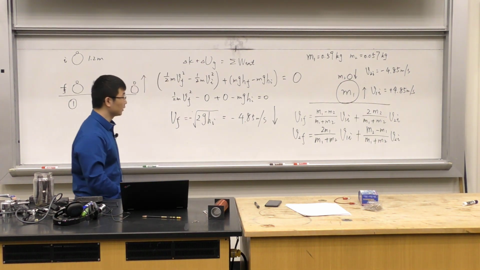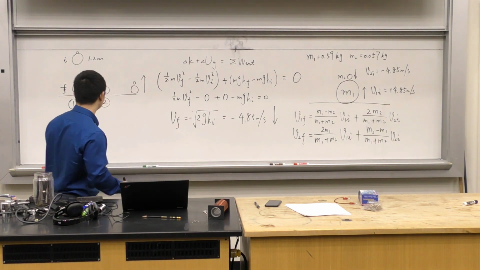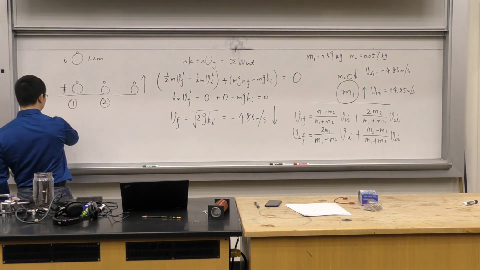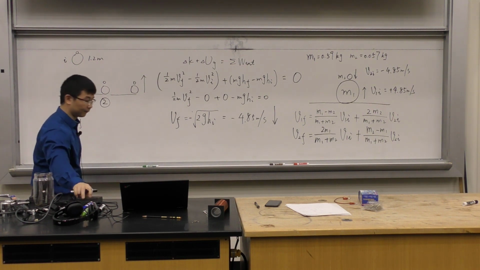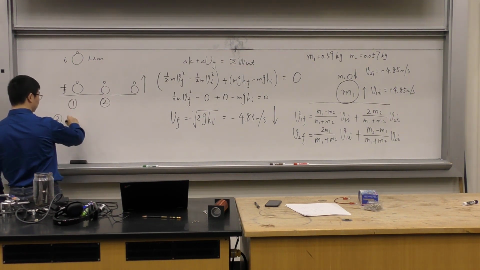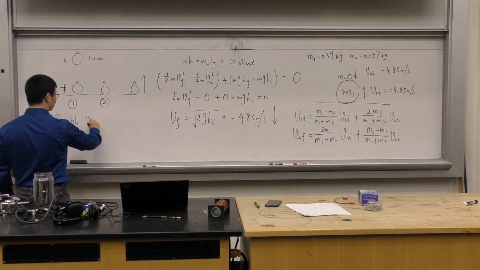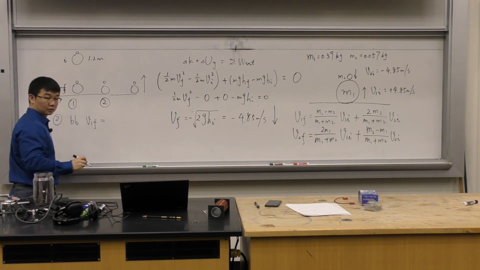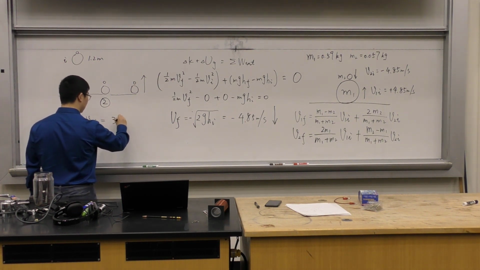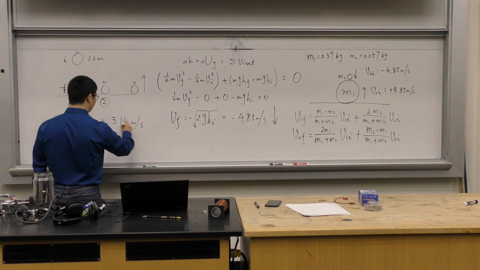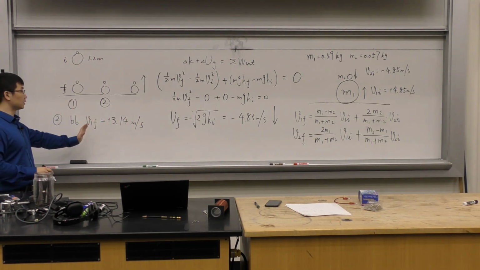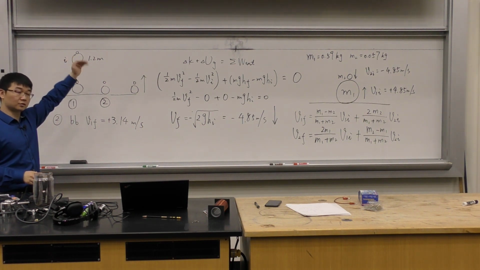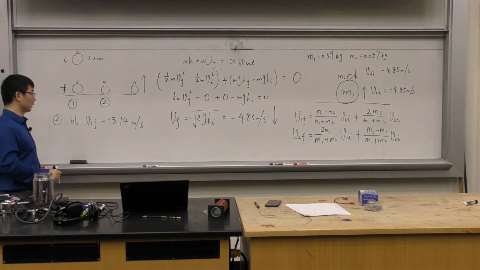With all the correct signs, in the second process you will get V1f, which is the basketball, as positive. That means after this collision the basketball actually moves up. It's not going to move down.